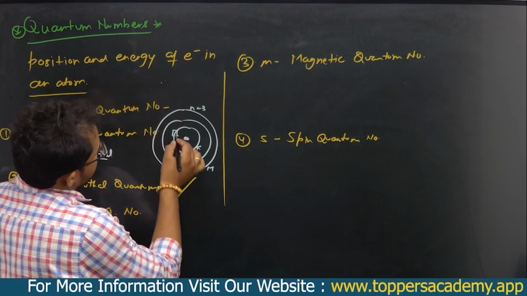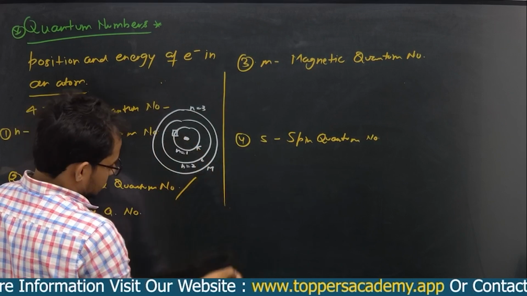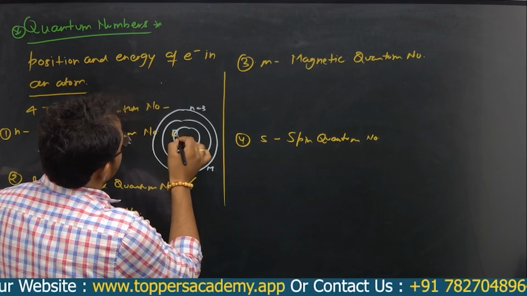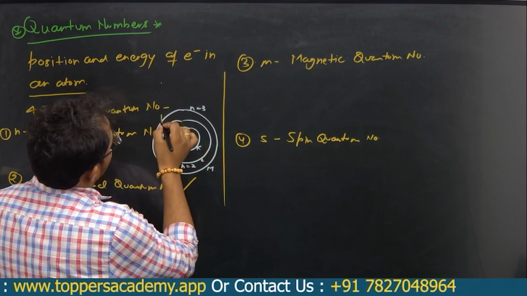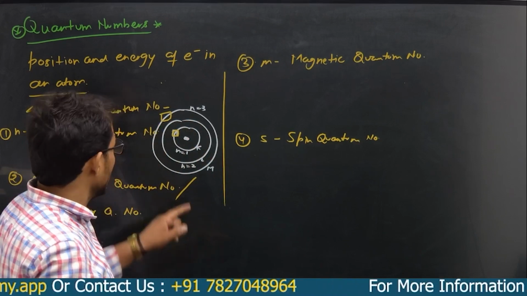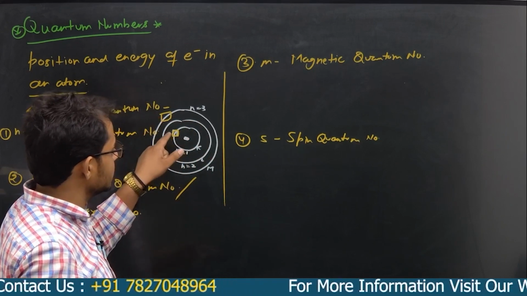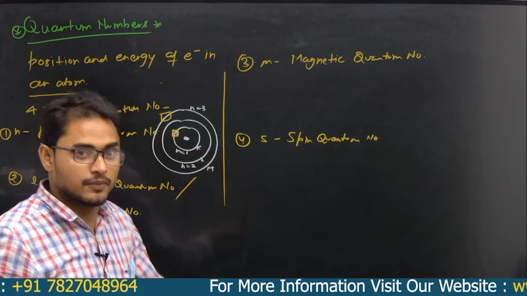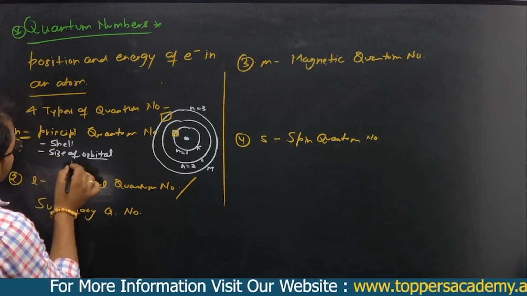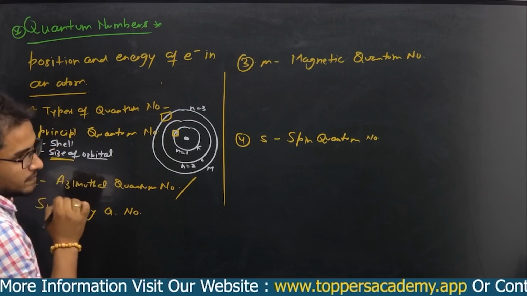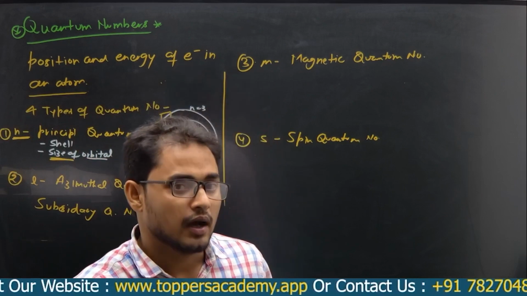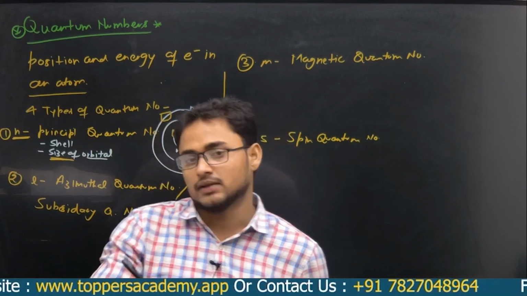Suppose there is an orbital in the first shell and there is an orbital in the third shell. The size of the orbital of the third shell and the size of the orbital of the first shell can be compared, because the higher the value of n, that means the principal quantum number, the higher will be the size of the orbital.